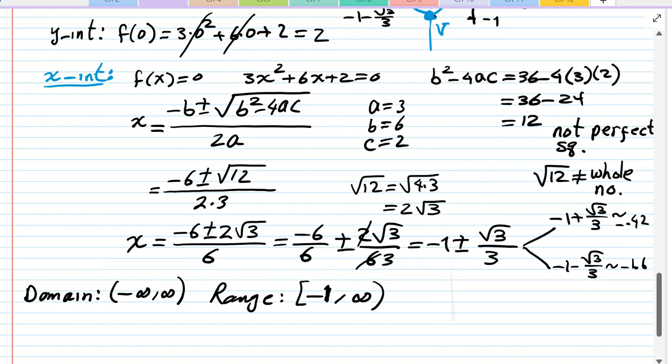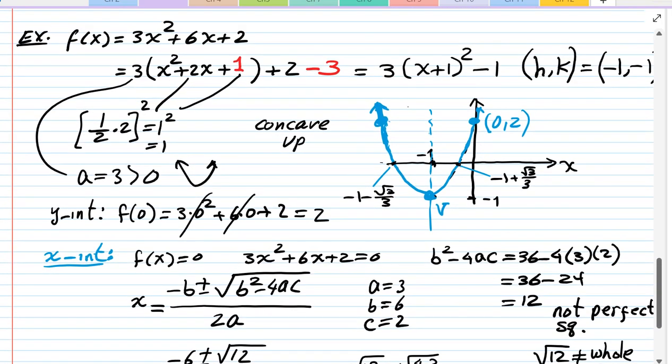Let's do increasing, decreasing. Again, as you go from left to right, see how you slide. So from -infinity up to x = -1, it's decreasing, and then from -1 and beyond, it's going to rise, going to be increasing.